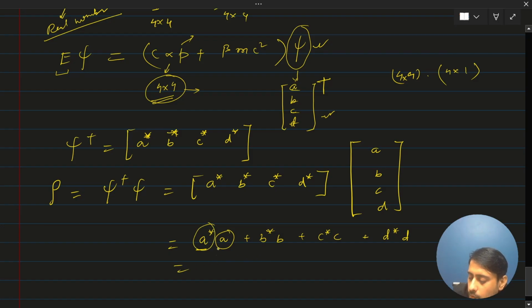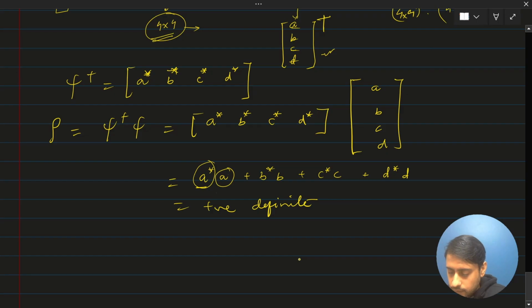So obviously this sum will definitely be positive definite, and this solves the problem which we encountered in the case of the Klein-Gordon equation, when rho was not positive definite.